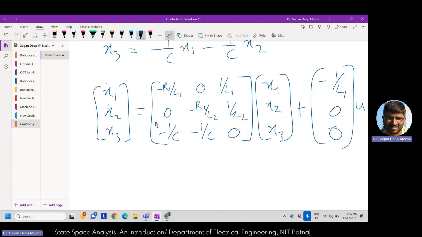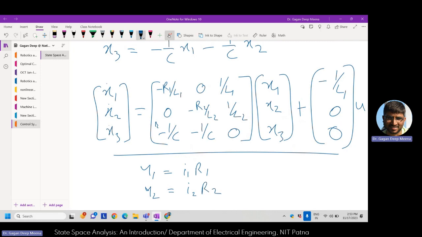Let us now choose the voltage across the resistances as output variables, and those output variables can be determined by y1 equals I1 R1, and y2 equals I2 R2.